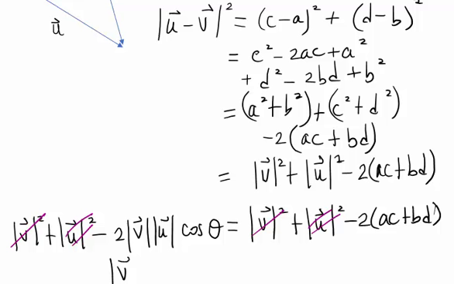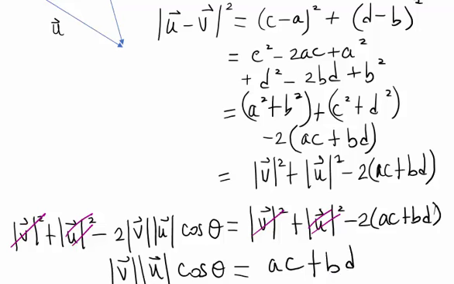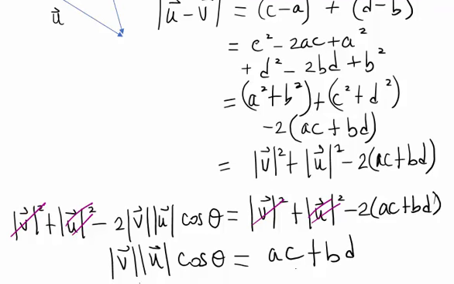So we're left with the magnitude of v times the magnitude of u cosine theta is equal to ac plus bd. Okay, so since these two expressions are equal, that gives us two methods for finding or calculating what we call the dot product.